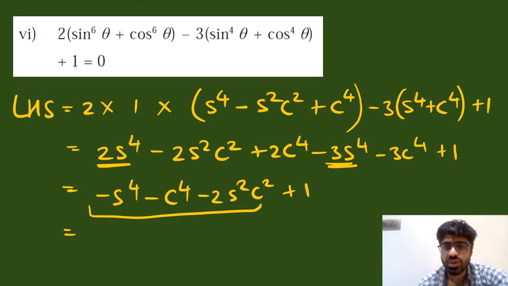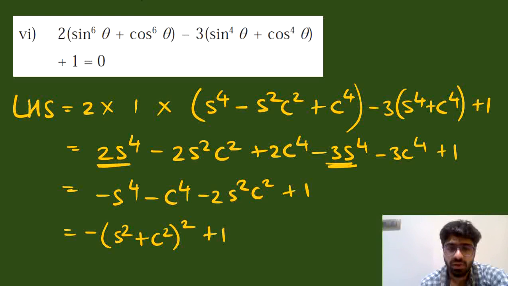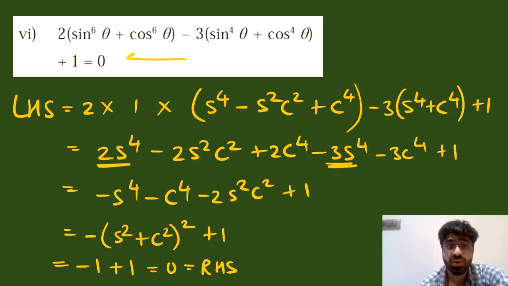You can pull out a minus common from here, and when you do that, whatever you have inside the bracket is sine power 4 plus cos power 4 plus 2 sine square theta cos square theta, and that represents the expansion of sine square theta plus cos square theta the whole square. You know that this would be 1, the square of which would be 1. You have a minus sign outside here. So the value for this first term would be minus 1 plus 1, and that is indeed equal to 0, which is equal to your RHS. Yeah, so that's how we are proving the 6th question.